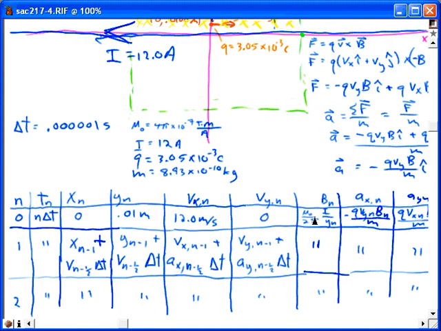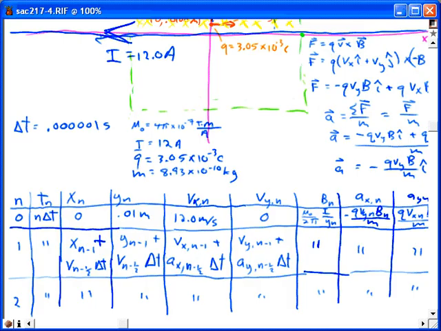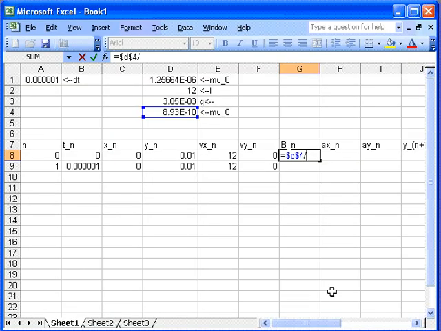Bn, I gotta look at that. Bn is mu 0 over 2 pi times I over y sub n. So equals mu 0, I'll call that $D$4. Make sure I always get the right one. Mu 0 divided by 2 pi, so slash, I'm going to put the 2 pi in parentheses, 2 times pi, close parentheses.